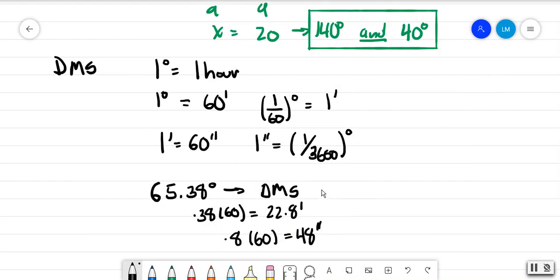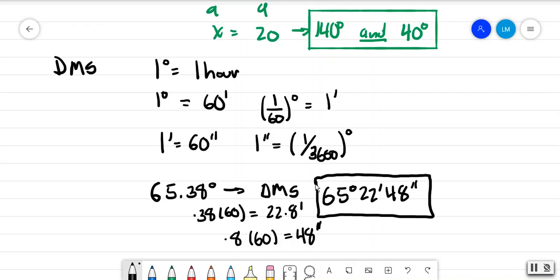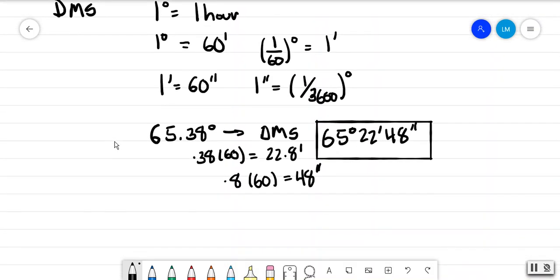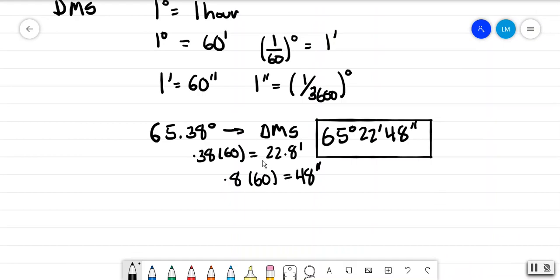What that means is that 65.38 degrees changes into 65 degrees, 22 minutes, and 48 seconds. And 65.38 degrees is completely arbitrary. You don't have to get too caught up on the dimensional analysis, but if you do think about it, it works out.